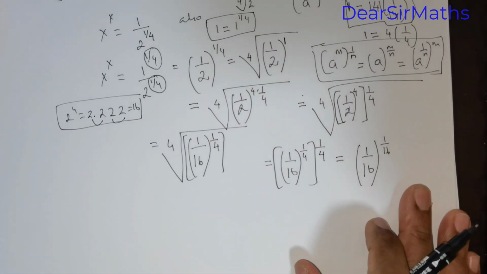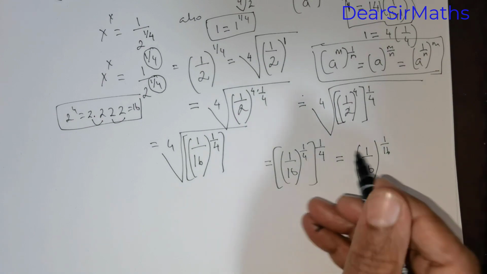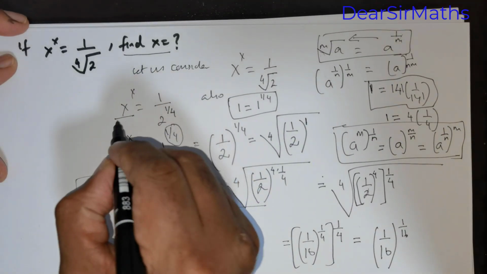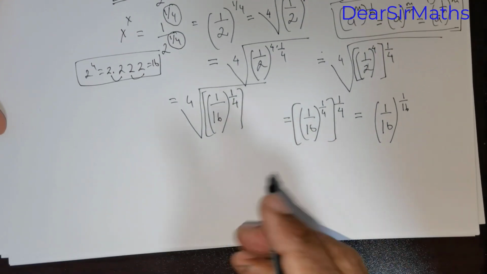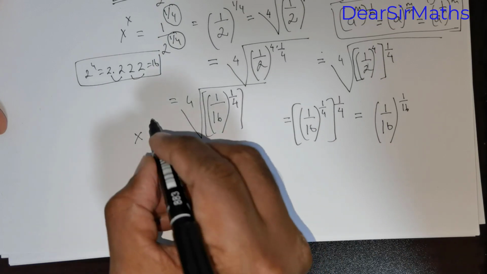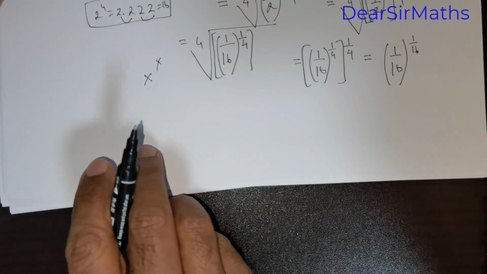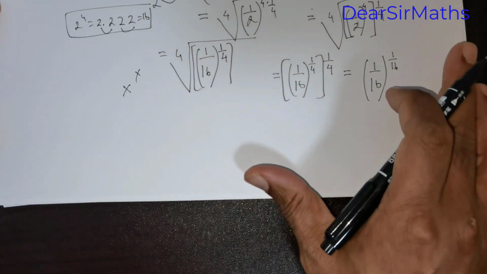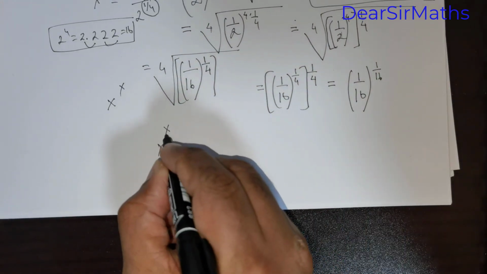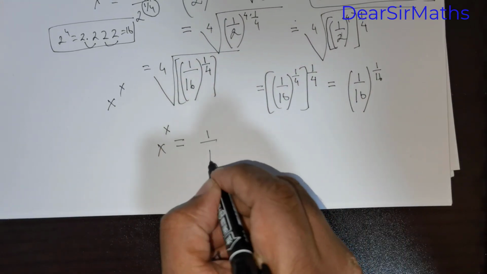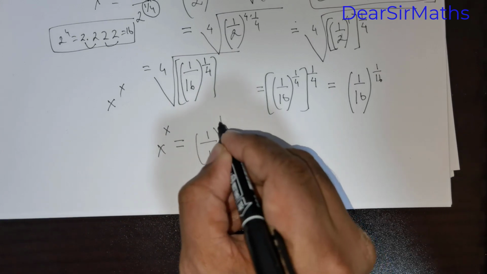Now what did we start with on the left hand side? We started with x raised to the power of x. So this is nothing but x raised to the power of x is equal to 1 over 16 raised to the power of 1 over 16.